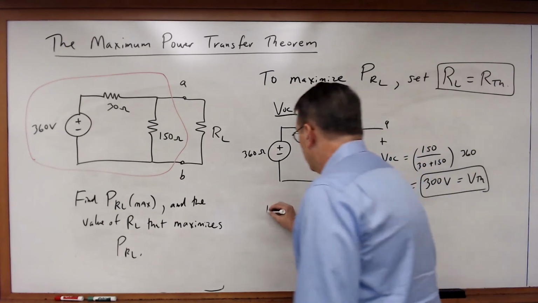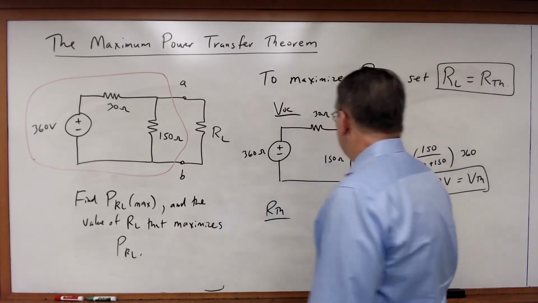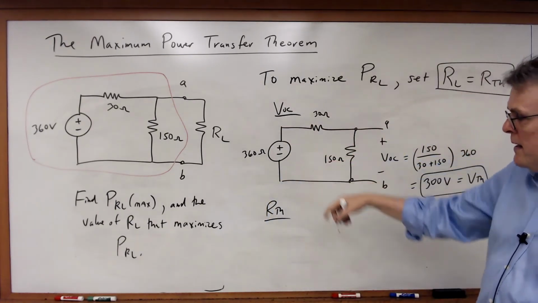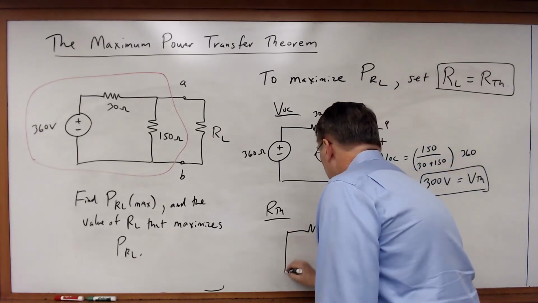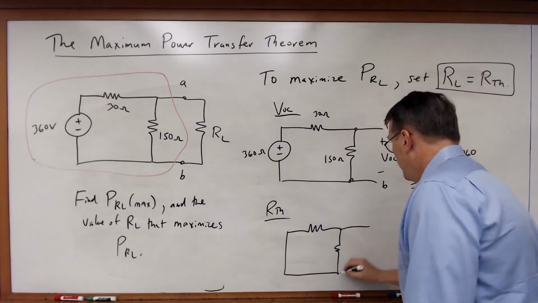For our Thevenin equivalent resistance, RTH, I'm just going to zero out that independent source. It becomes a wire.